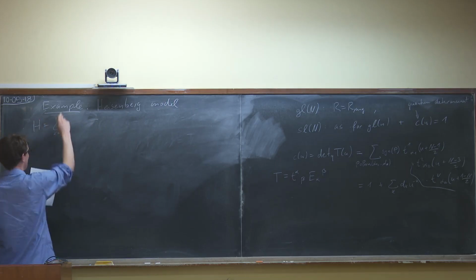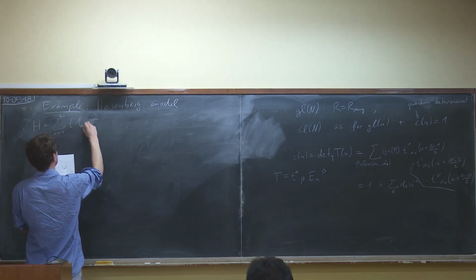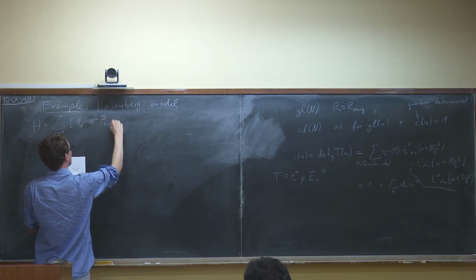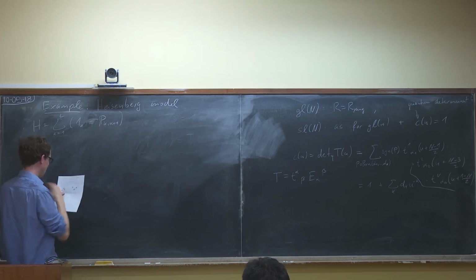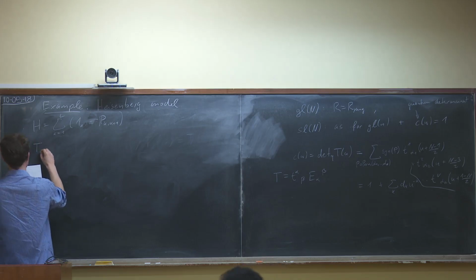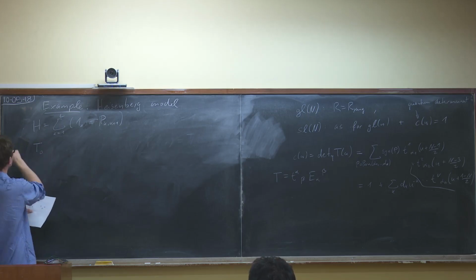I sum over a chain of spins from 1 to L. I have the identity, and again, the permutation operator. I can write explicitly down how the monodromy looks like. So say I call now my auxiliary space 0. The monodromy is something like this.